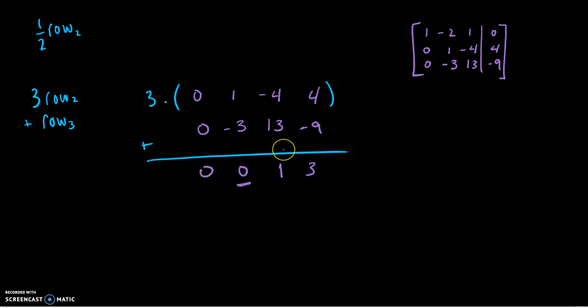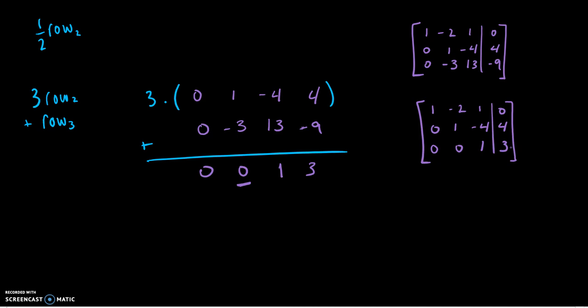All right, these are our new coefficients that we're now going to put into row 3. 1, negative 2, 1, 0. 0, 1, negative 4, 4, 0, 0. Again, these are what we just found, 1 and 3. All right?